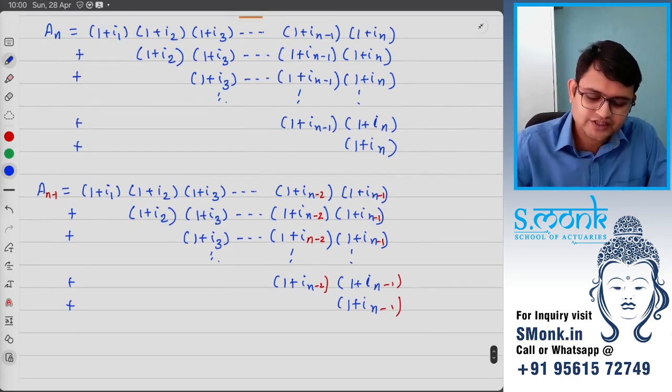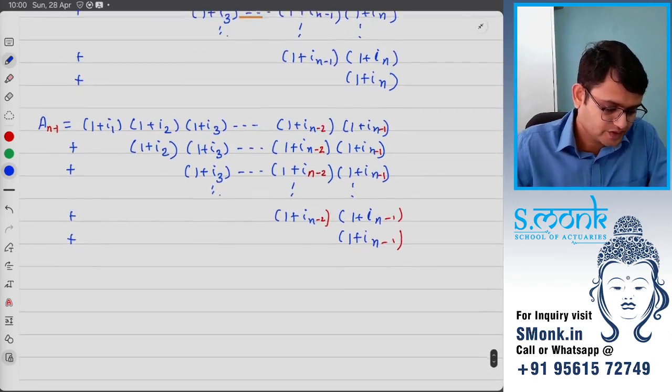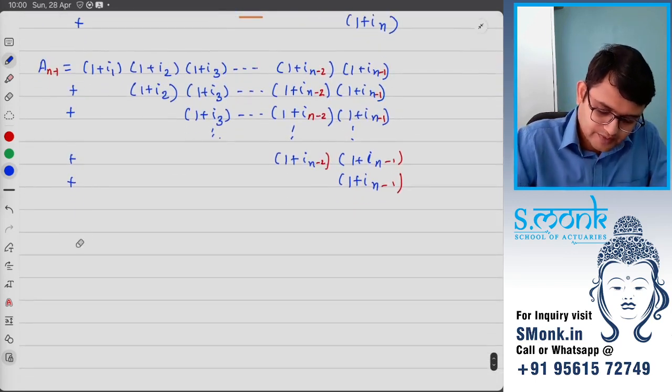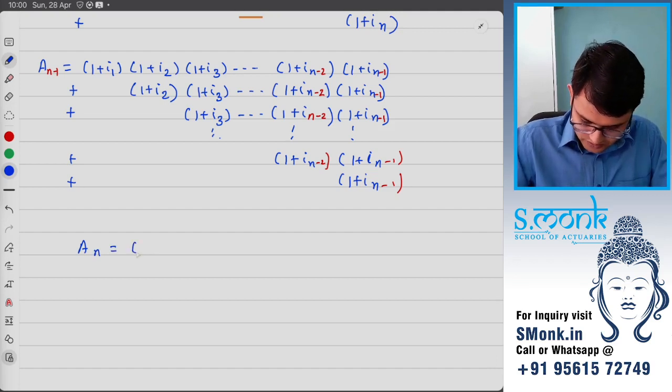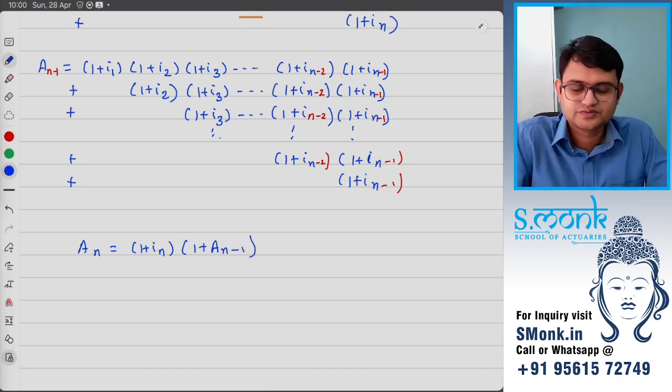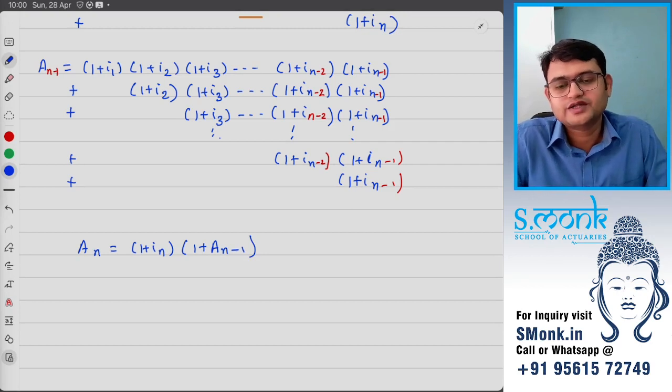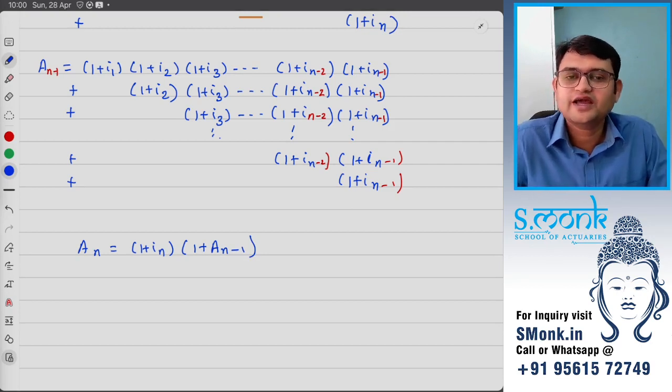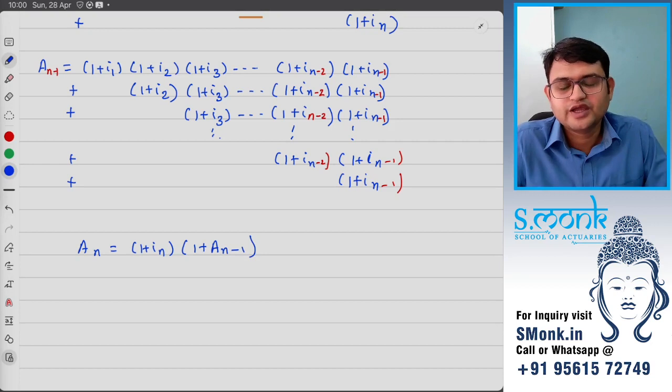And of course, there is a difference of one payment. A_n is (1 plus i_n) into (1 plus A_{n-1}). So the payment at n, plus the fund at n minus 1, into 1 plus i_n gives me A_n.